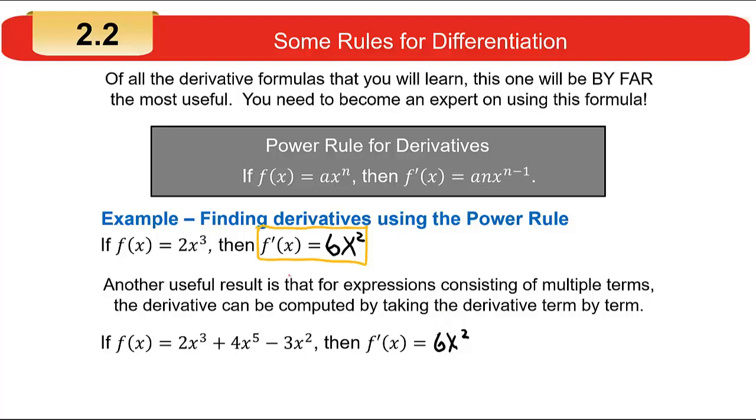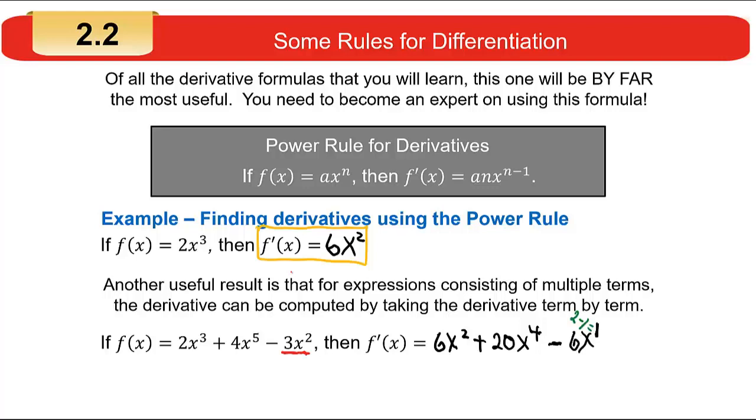But now you've got 2 more terms. So you've got a plus sign, then you move to the second term. The second term is 4x to the 5th. So what do you do? Apply the power rule again. 4 times 5 is 20. And you would drop the 5 by 1 and it becomes a 4. So the second term derivative is 20x to the 4th. Then you have a minus sign, and then you move to the third term. 3 times 2 is 6.